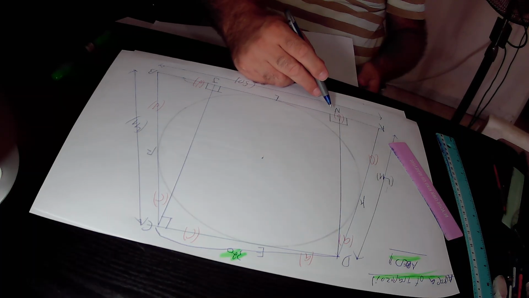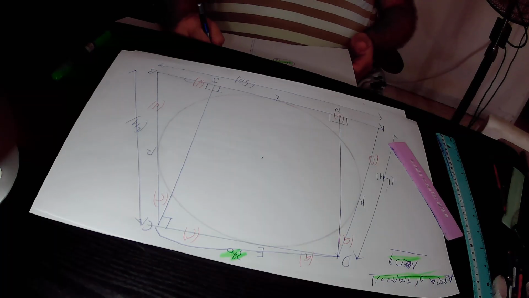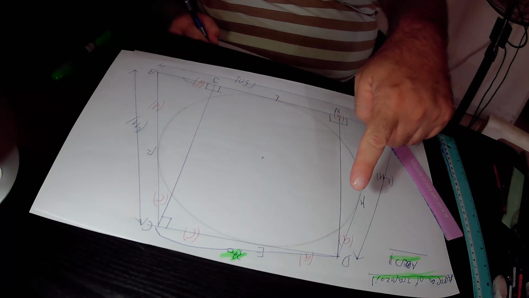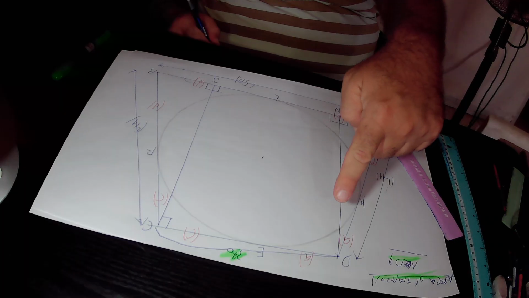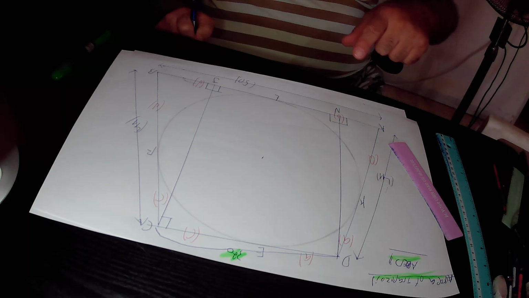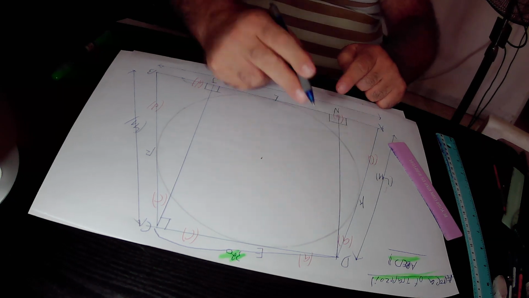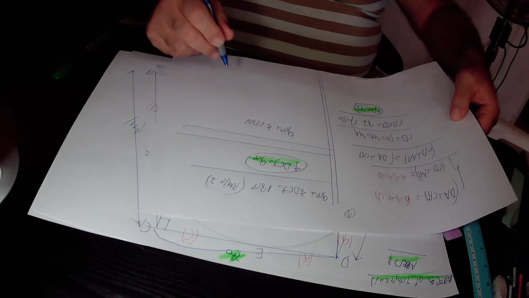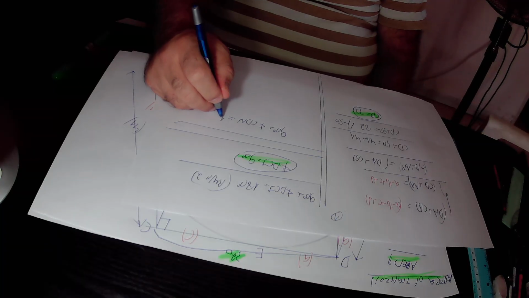So this is a right angle plus this missing angle, this is actually angle CDN. In total, the sum of those two one-sided interior angles must be equal to 180 degrees according to Rule 17.